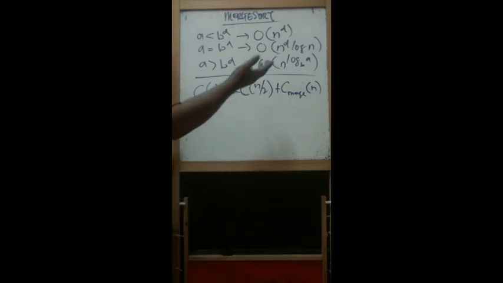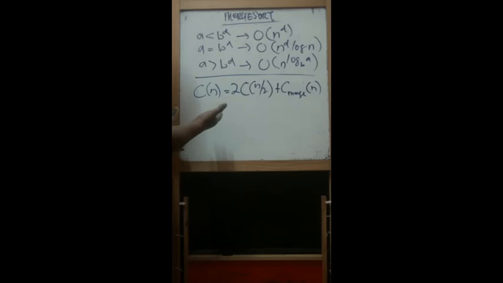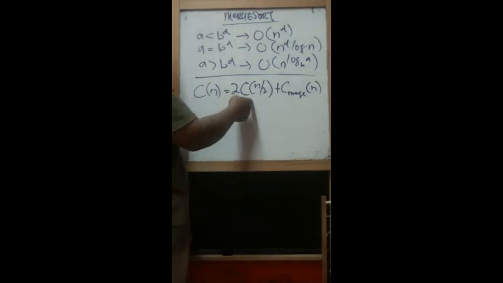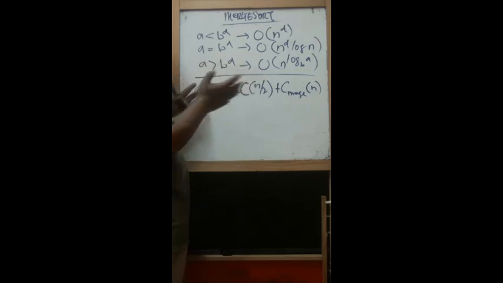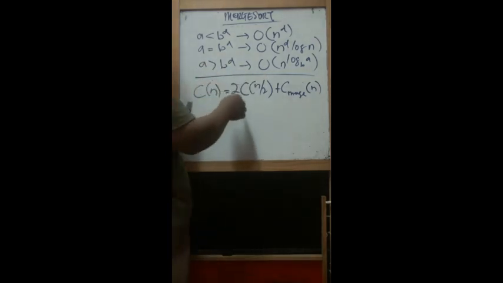So we have to have a recurrence relation C of n, where C denotes comparison, because sorting is about pairwise comparison.